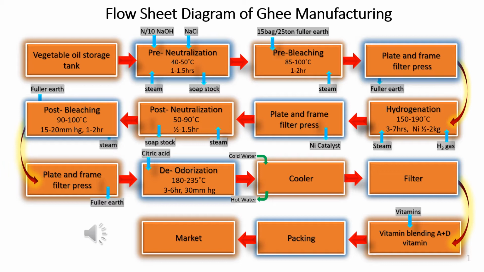So here we provide the chemical treatment to the oil to decolorize the oil. This process takes place at 85 to 100 degrees centigrade of temperature and a pressure for about 1 to 2 hours. So by providing the pressure, temperature and steam to the oil in the pre-bleaching section, our oil is now pre-bleached and decolorized.